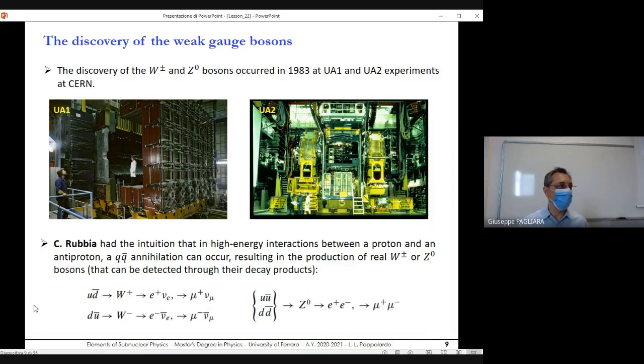Or if you allow for interaction between a d quark in the proton and the anti-up quark in the antiproton, again you can produce a W-, which decays into, for instance, the electronic channel. Or if you consider u ubar or d dbar interactions at the elementary level, then you can form a Z0, which of course decays into electron positron, etc. So this was the idea.